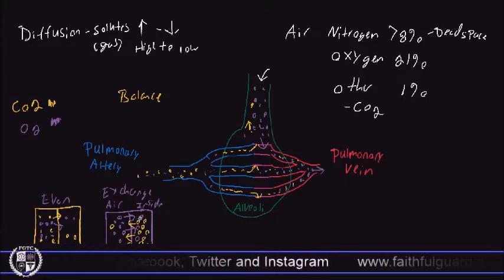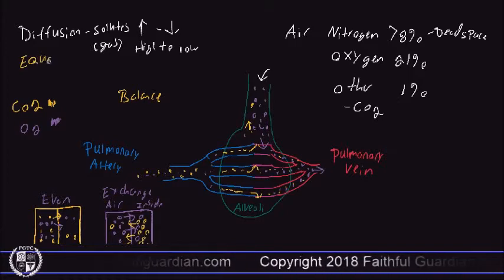This is a very, very important concept to understand: they are all going to equal themselves out. And that is the big thing about diffusion, it creates equal concentrations on both sides of the membrane.